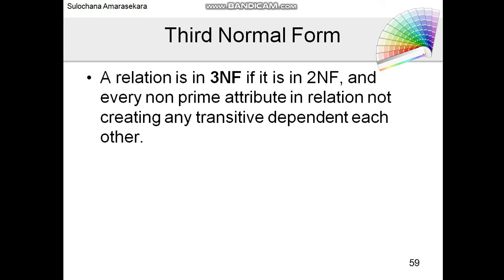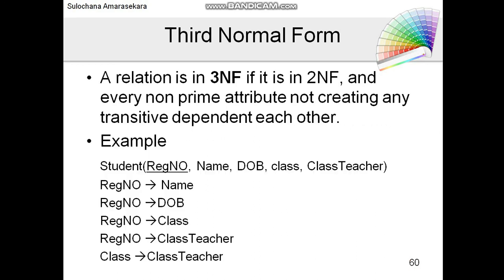Now we are going to consider third normal form. A table in second normal form with no transitive dependency within non-prime attributes is considered a table in third normal form. Consider this example.